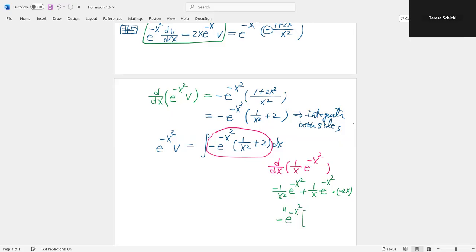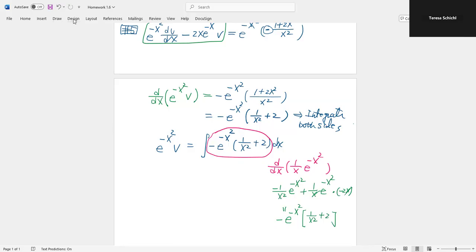So here I have 1 over x squared plus 2, because this x is canceled. So I know the whole thing I can rewrite as the derivative of 1 over x times e to the negative x squared.